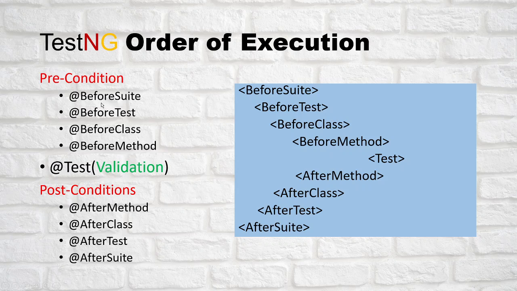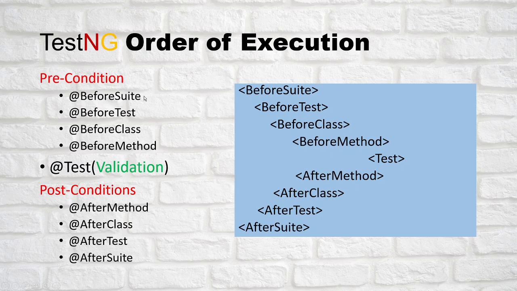I gave you an example in the last video as well: when you are executing a test case, you have some preconditions, and once you are done executing a test case, you have some postconditions as well. You perform some action after the test is done. What you do before the test will be handled with the methods with these annotations.